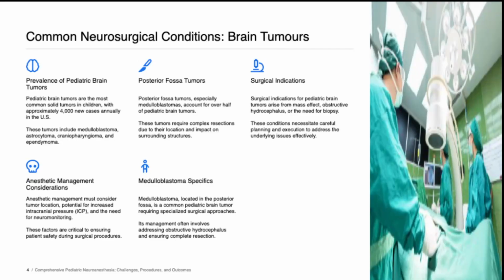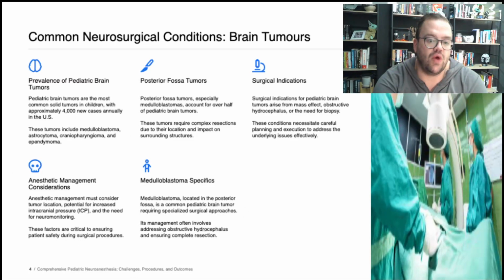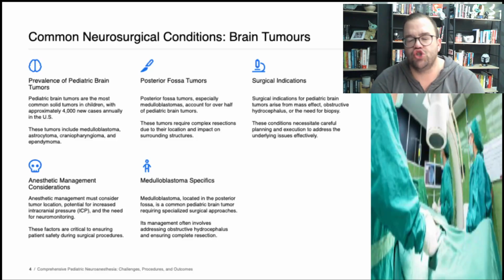So the next issue that we're going to talk about is brain tumors in children, something that I deal with quite often with the neurosurgeon that I work with. Pediatric brain tumors are the most common solid tumors in children, unfortunately. So it's quite sad, but if a child is going to have a solid organ tumor, it's likely to be in the brain.